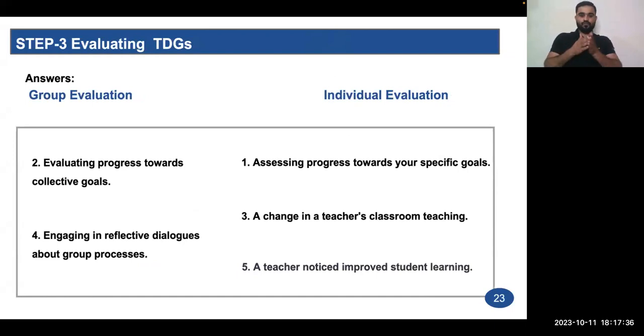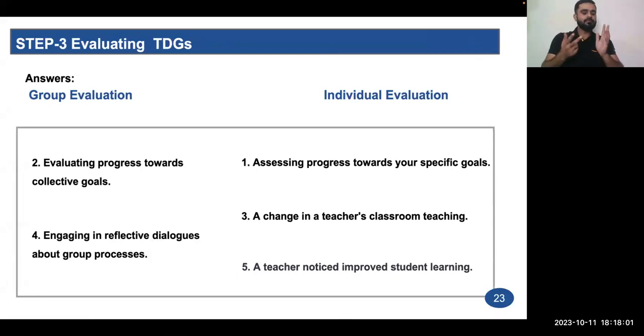It can be done through the group, maybe by evaluating collectively your group goals or having reflective dialogues on the group process: how the decisions were made in the group, what activities we conducted, how everyone participated, and whether we were able to achieve our collective goals. We can also evaluate personally.